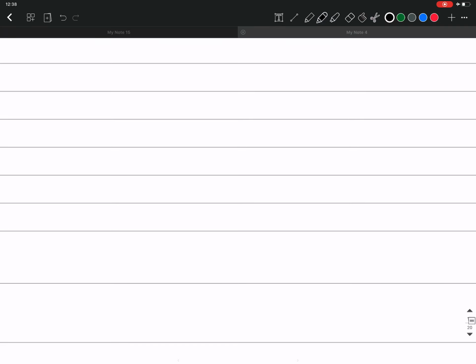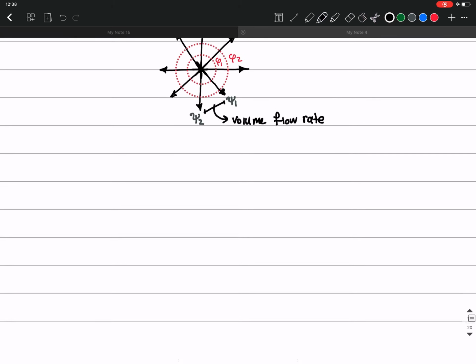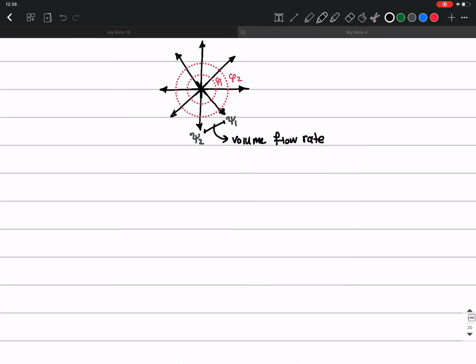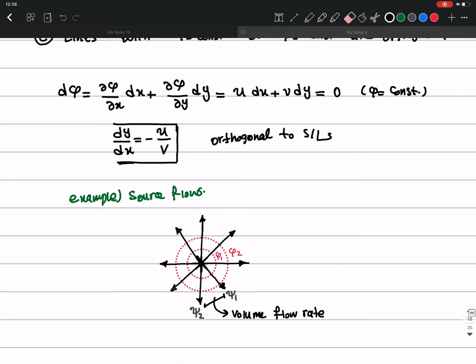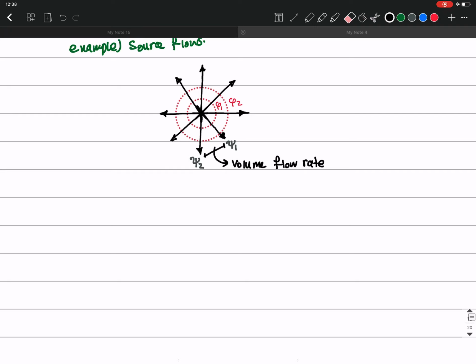And the last property that I want to mention in this lecture about stream functions is that if the flow, in addition to incompressible and two-dimensional, is also irrotational.